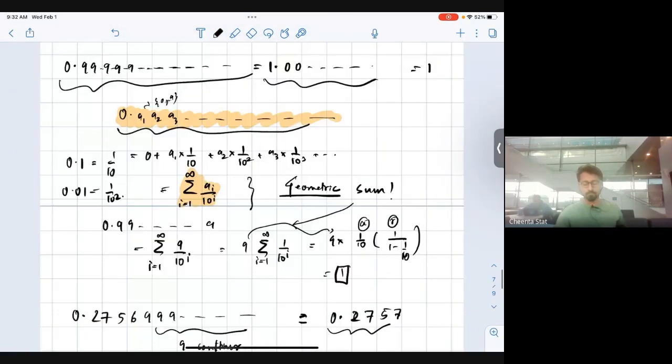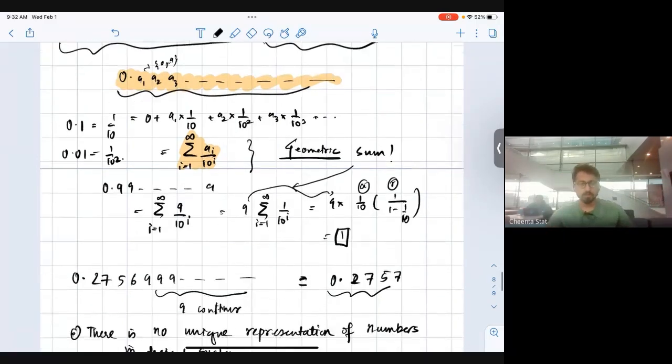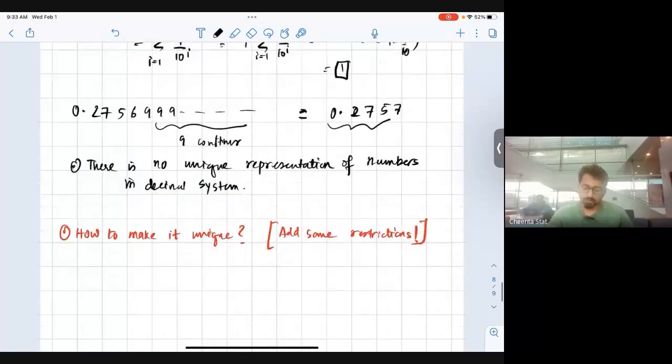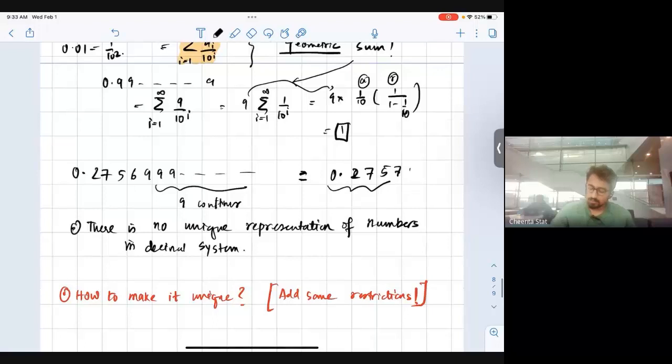Any idea? What we will do is just not allow 000 afterwards.